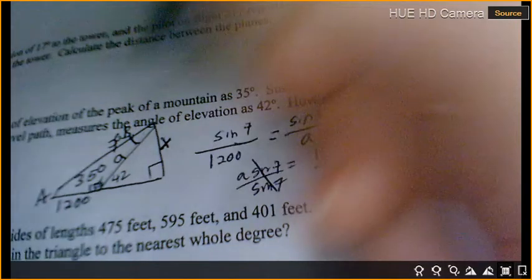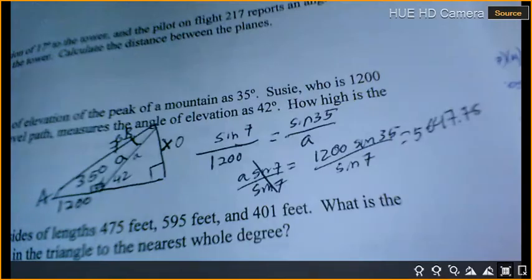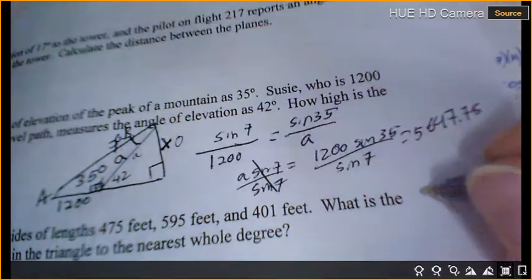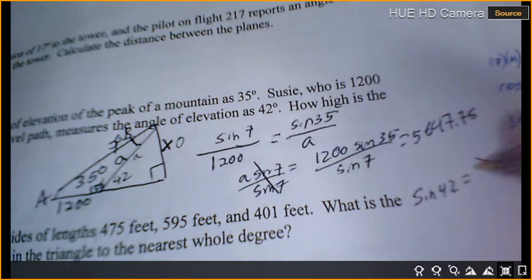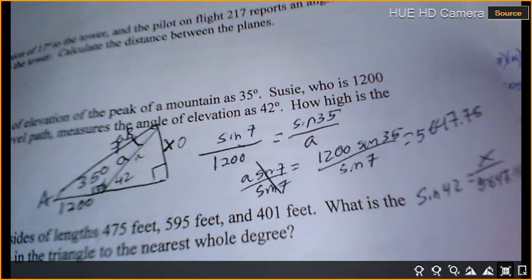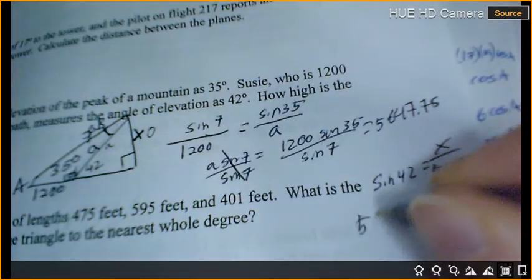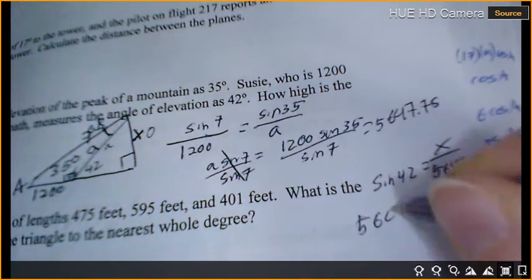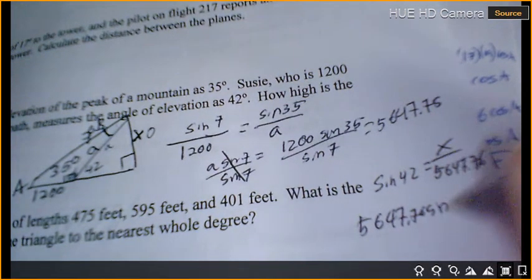And now we still don't have our answer though, because now we have to do the trig function where this is the opposite. We have the hypotenuse, so we're going to have to go sine of 42 equals opposite x over hypotenuse, 5,647.76. So we have to go 5,647.76 sine 42 equals x.